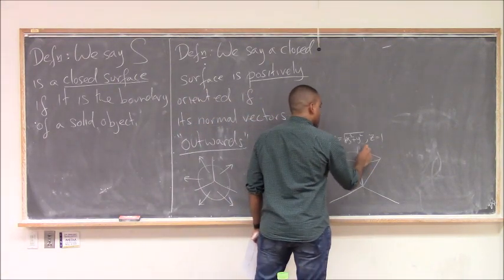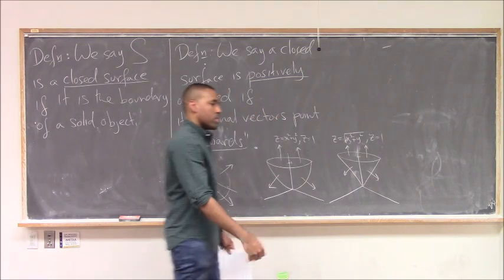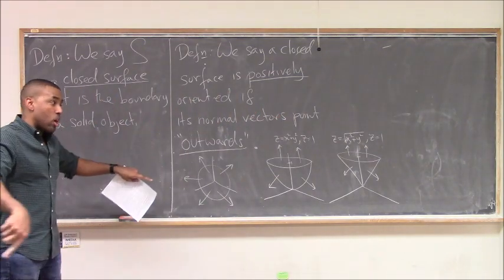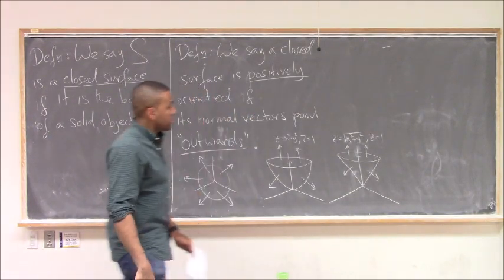Right, so that one would be that. And again, positively oriented means you were supposed to draw a bunch of arrows. You can draw one on each part of the surface. But the important thing was they were pointing out of the surface. And this defines the positive orientation.